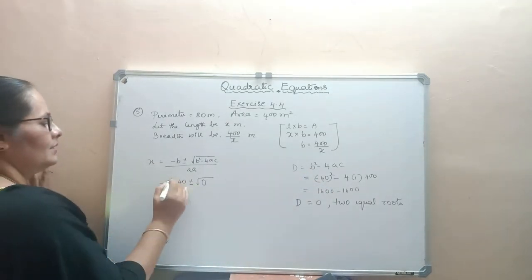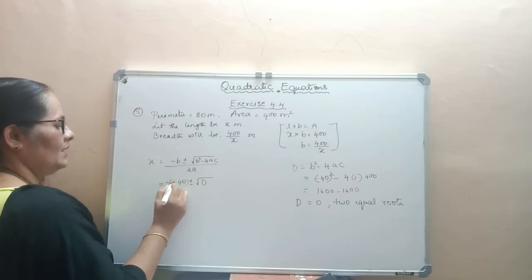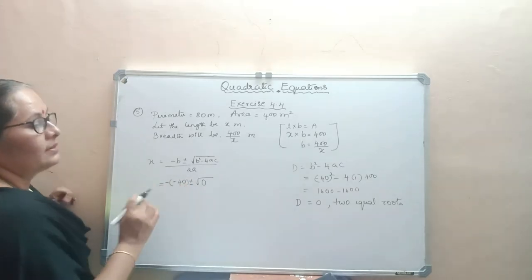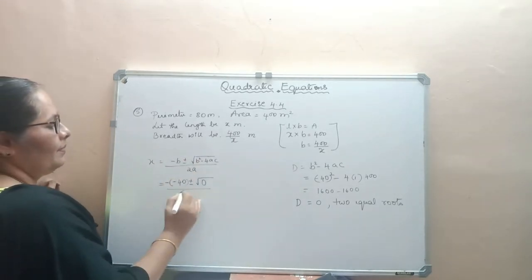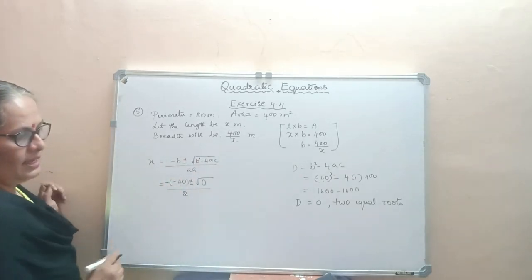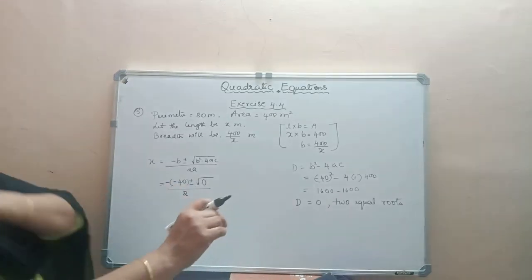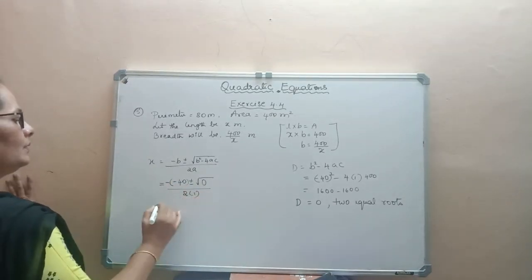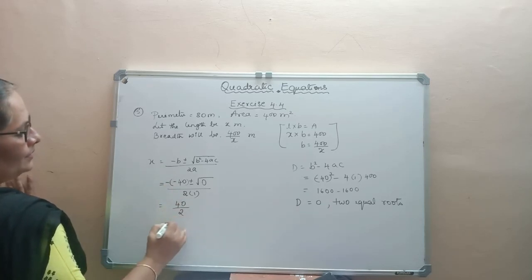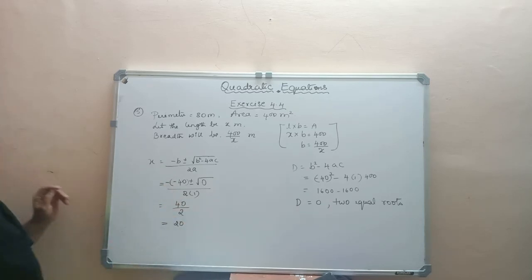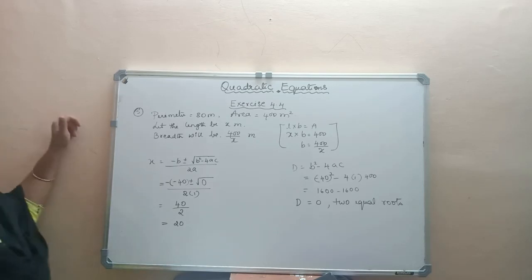So minus of minus b, that is b is minus 40, divided by 2a. What is a? A is 1. So minus into minus plus 40 by 2, which is 20. So the length is 20 meters.